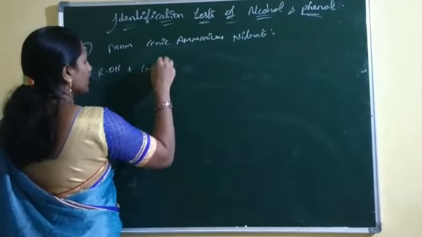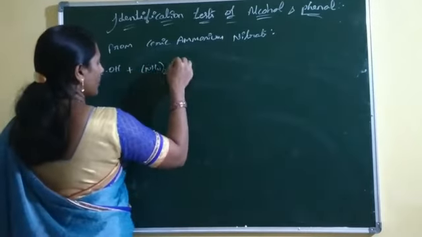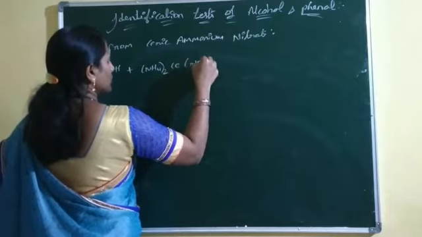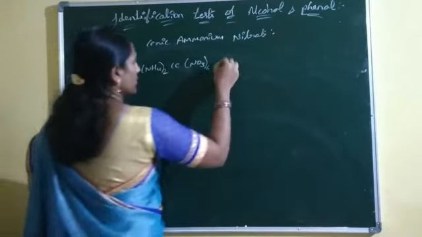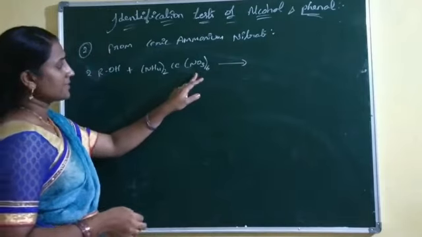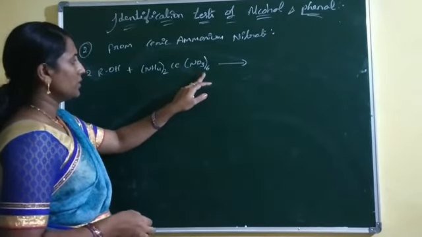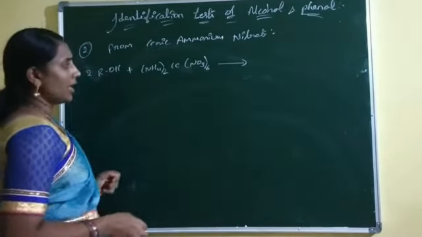The formula of ceric ammonium nitrate is (NH4)2Ce(NO3)6. In 6 moles of nitrate group, 2 moles are replaced by 2 alcohols.